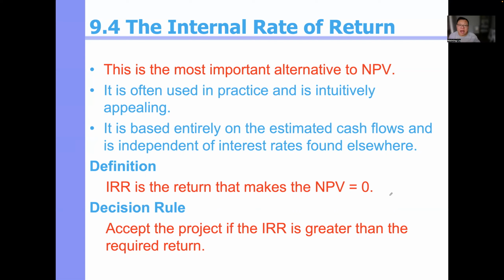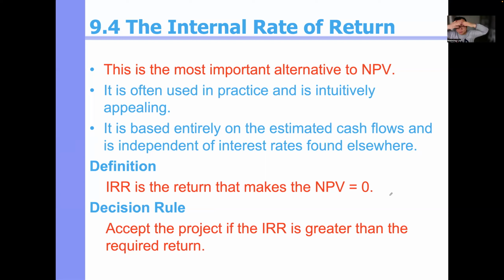The IRR is the most important alternative to NPV, net present value. The definition is that it is the return that makes you break even, where your net present value is zero. If your net present value is zero, you are breaking even.